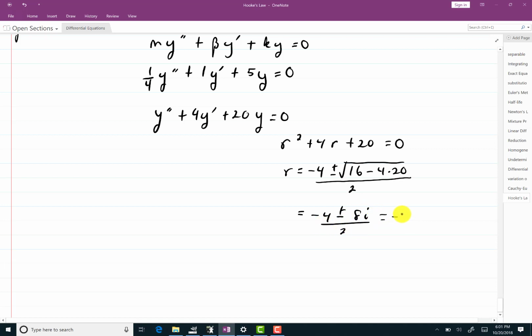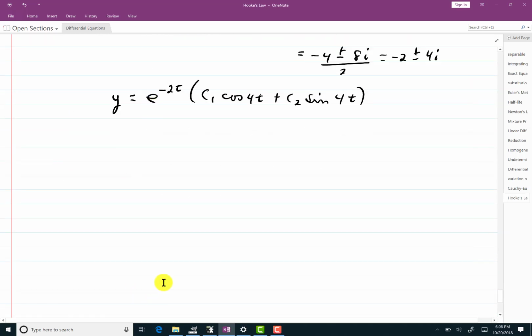So I get -2 plus and minus 4i. So immediately from that, we get that our equation of motion then is y equals e to the -2t times c1 cosine 4t plus c2 sine of 4t. And there's my equation of motion.